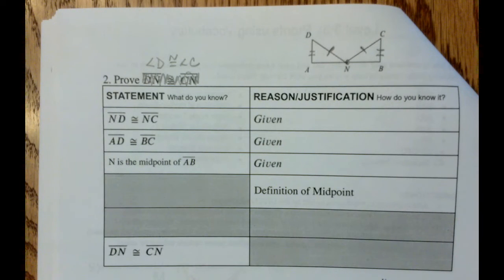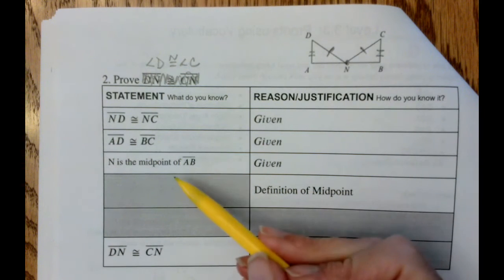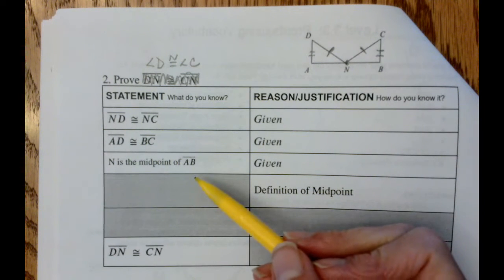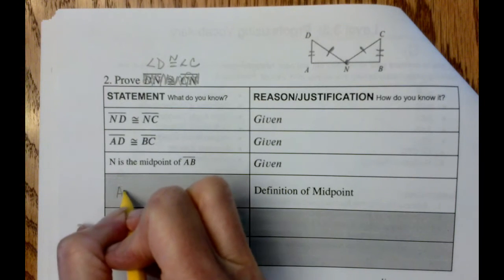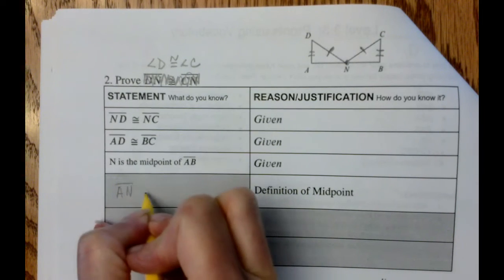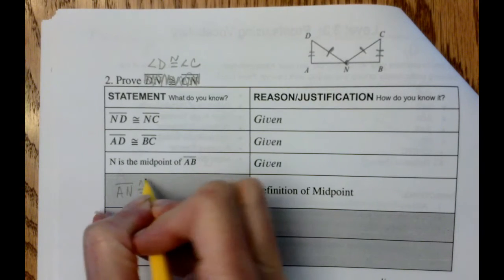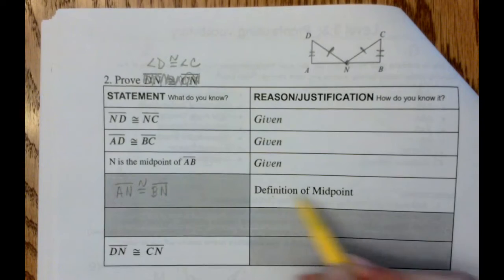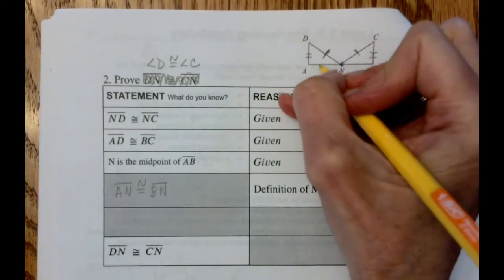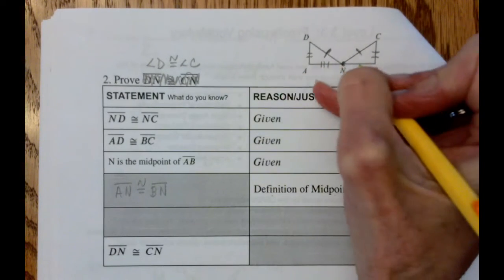That's given. And from that information that N is the midpoint of AB, we can also say that AN is congruent to BN by definition of midpoint. So we can mark that up.